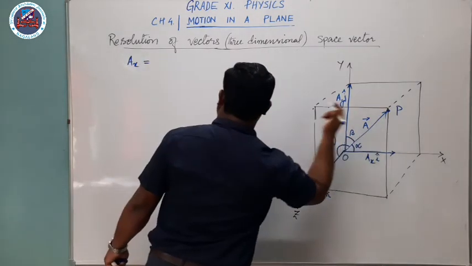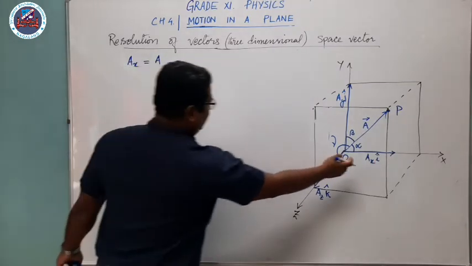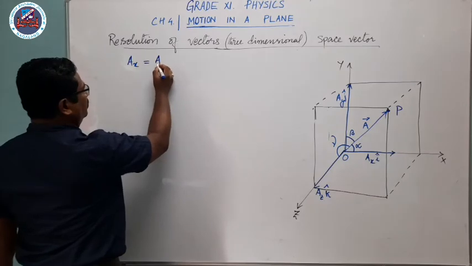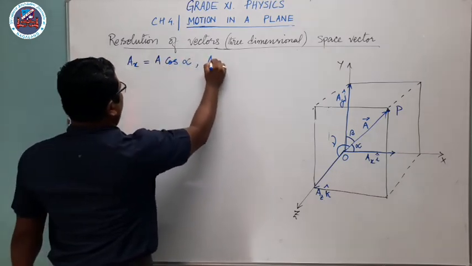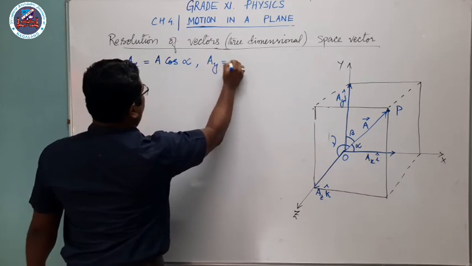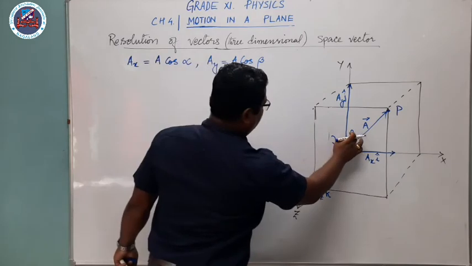This is vector A. So Ax will be A cos alpha. Ay will be A cos beta, this is the angle beta.